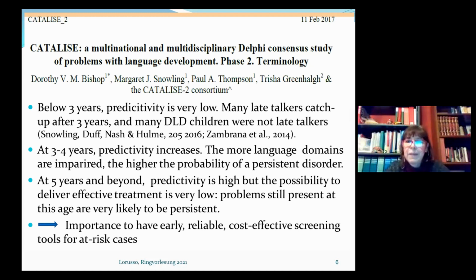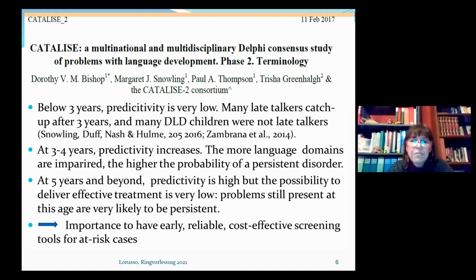So many late talkers, children who have a language delay, catch up after 3 years, and many DLD children were not late talkers. At 3-4 years, predictivity increases. So especially when more language domains are impaired, you have a better probability that the disorder that you observe is really persistent.